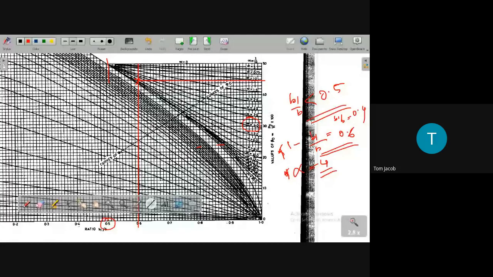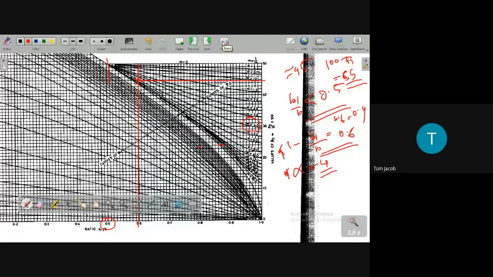We will be obtaining the value somewhere here. The value will be 40, this is 50, so it will be around 45. So you have to take 100 minus 45, that's equal to 55%. So that's the example given on the sheet.